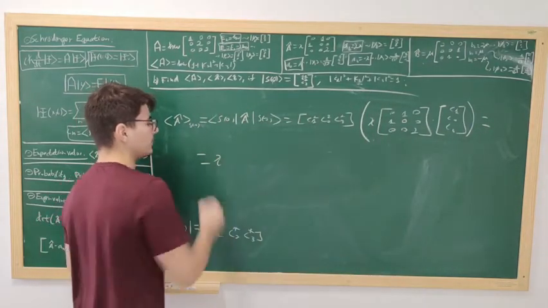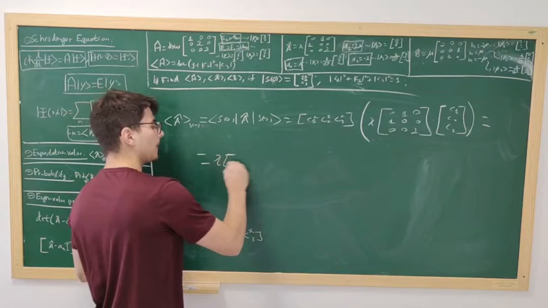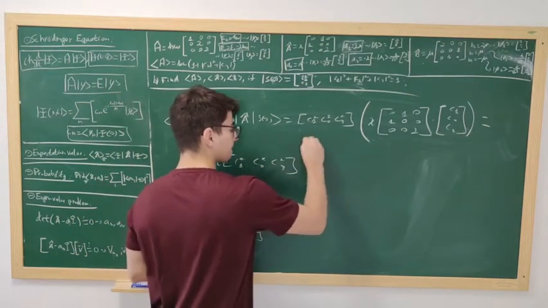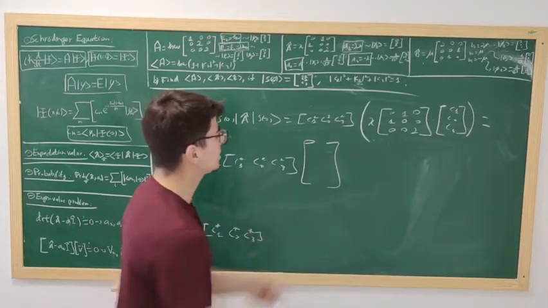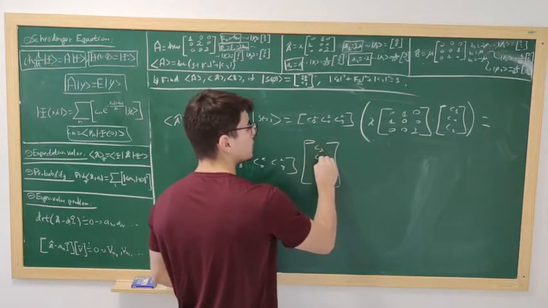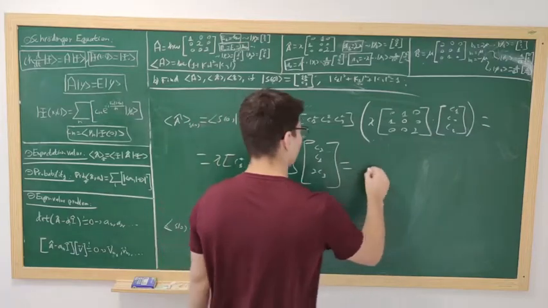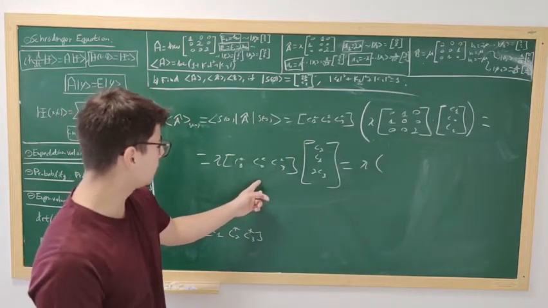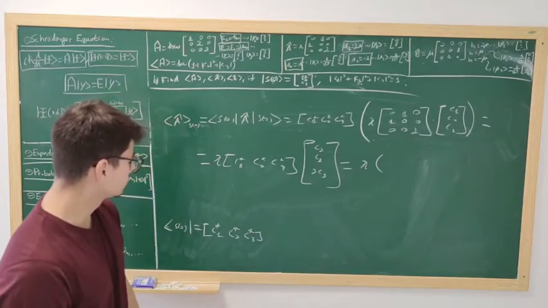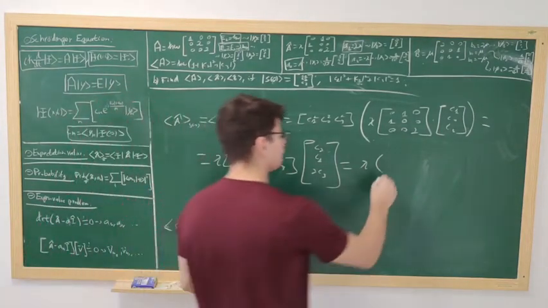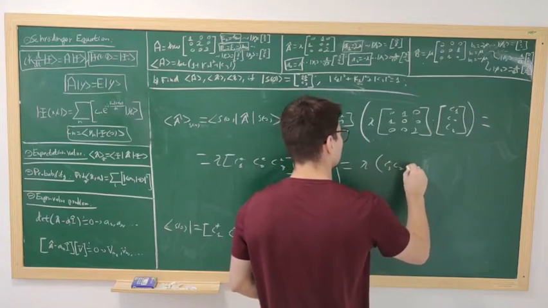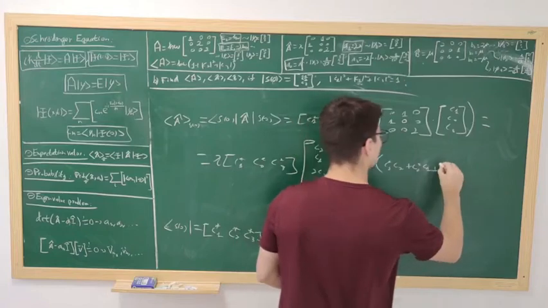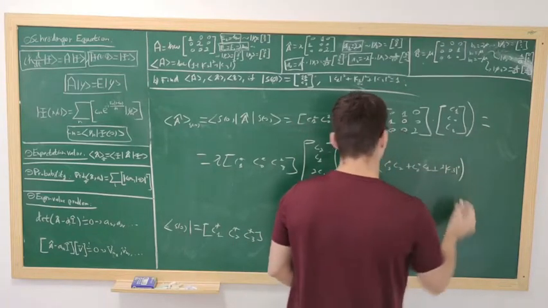This will give us, well, lambda can just come out of here. We get this times a column vector, which in this case is just C2, C1, and 2 C3. And this is just lambda times C1 complex conjugate, C2, plus C2 complex conjugate, C1, plus 2 C3 squared.